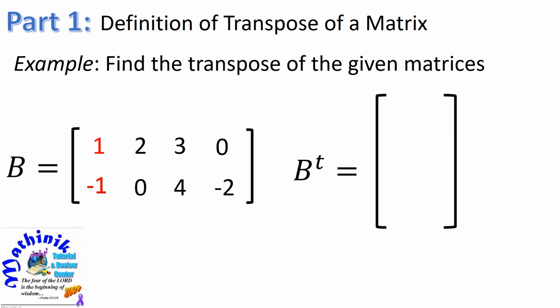So we start with the first column of B. That will be the first row of B transpose, 1, negative 1. And then the second column, that will be 2, 0. The second row of B transpose, 3, 4. Third row of B transpose, 0, negative 2. So that means if you have a column matrix, the transpose will be a row matrix, and vice versa.